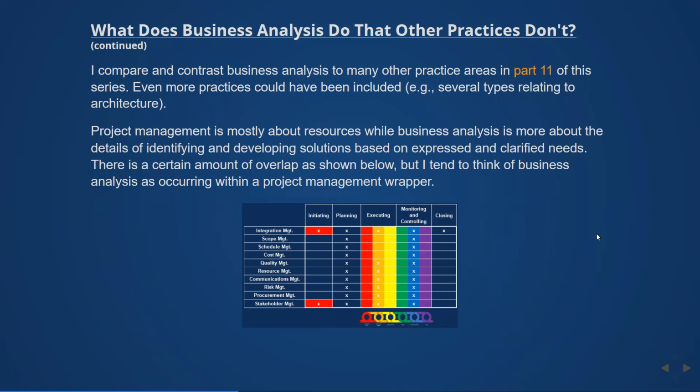Project management is mostly about the resources and managing progress and tracking things and making sure you have the money and people and whatnot. And then business analysis is really about identifying the requirements and solving the actual problem.